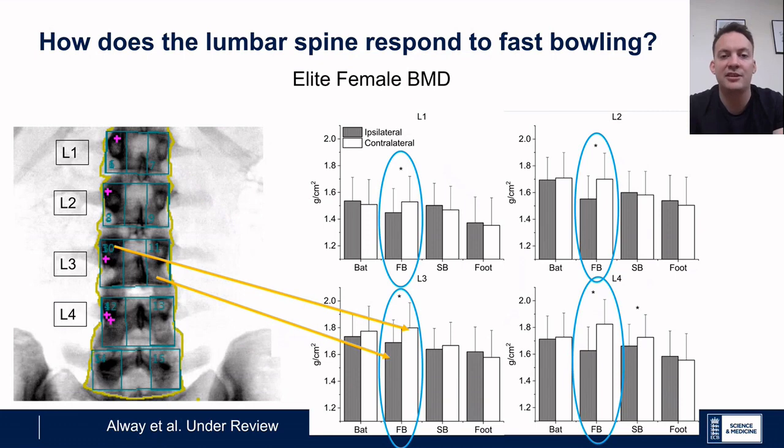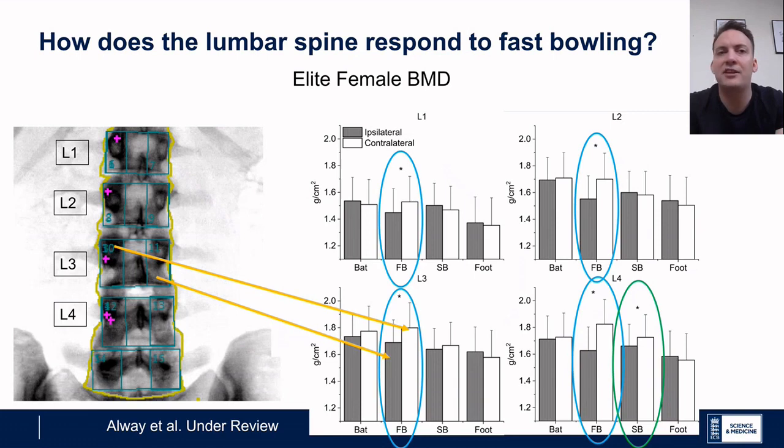So the opposite side to the bowling arm, we found that there was much greater density, and this increased from L1 to L4. What was also interesting in this was the spin bowlers also had the same pattern, albeit just at L4.